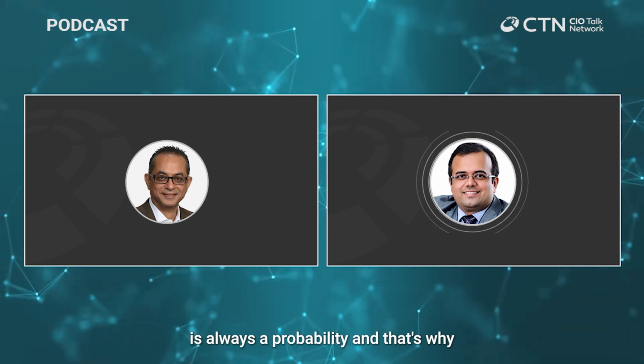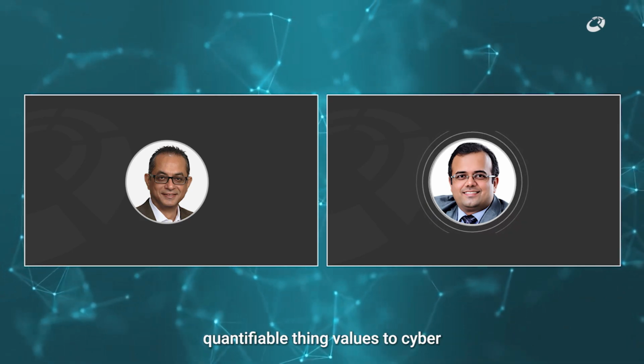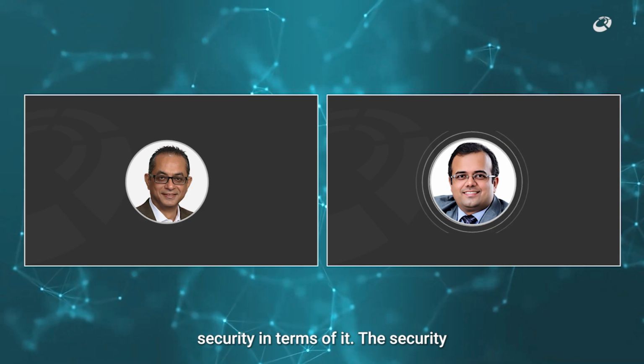But as I also mentioned earlier, cybersecurity, or security as a whole, information or cybersecurity, is always a probability. And that's why the investment is hard to quantify. I cannot put quantifiable values on cybersecurity.